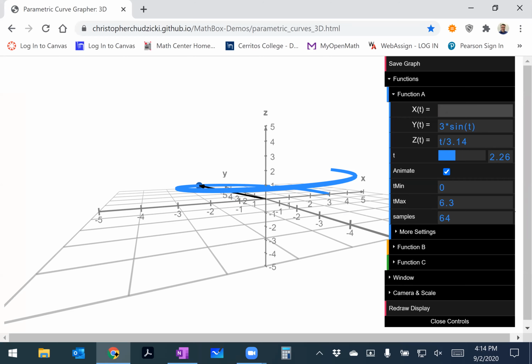Okay, so this thing is going to be 1 plus t, y is going to be 2 plus 5t, and z is going to be negative 1 plus 6t. Then I'm going to redraw my display.